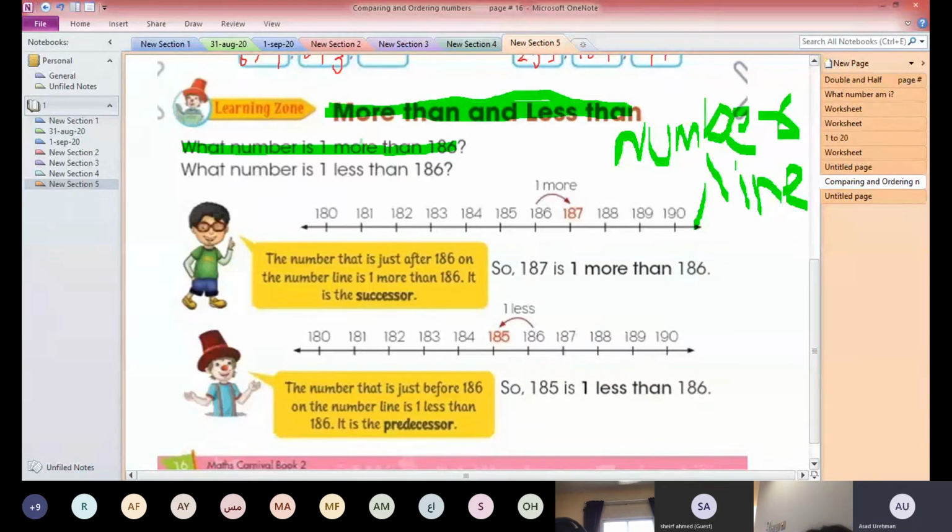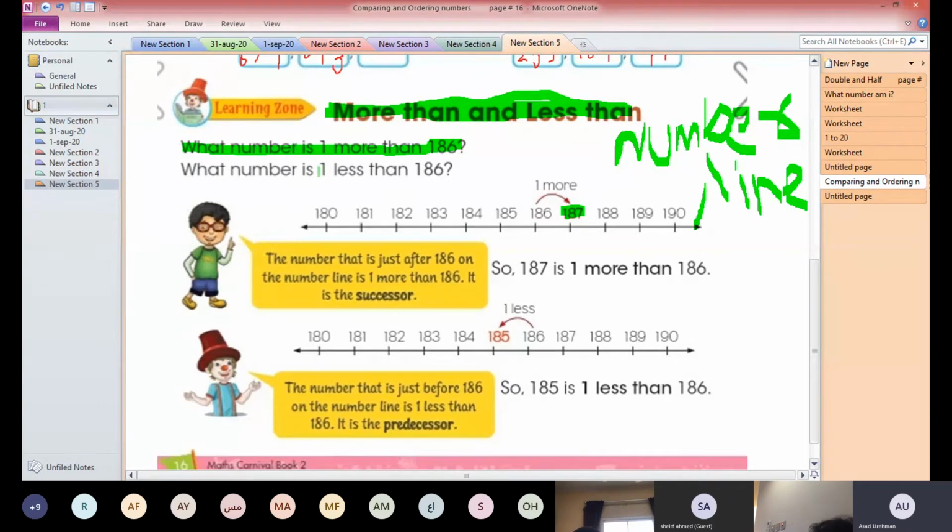That means if you have 186 and you add one more to it, what number will you find? For one more, you will see after this number, because this asks 186, so I will check what comes after 186. One more, so this is 187.